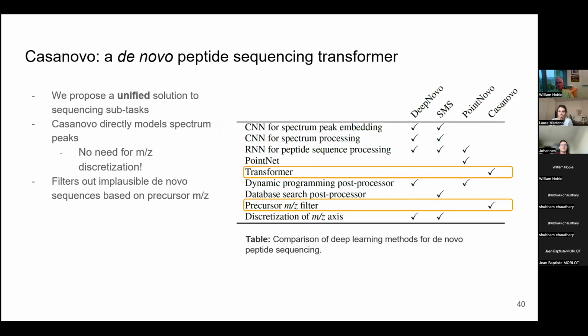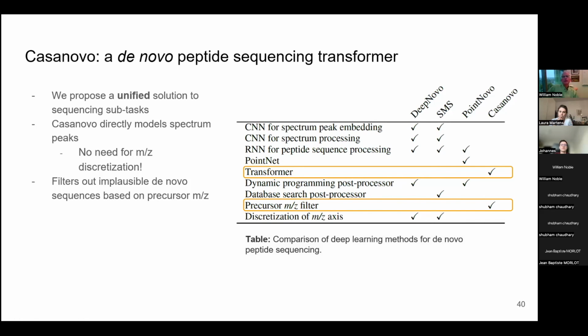So the idea is we have these existing methods, DeepNovo, SMS, and PointNovo. They have all these properties that they're using, for instance, convolutional neural networks or recurrent neural networks, and this existing PointNet approach for handling the m/z discretization. And Casanovo's difference is twofold. One, the idea of using a transformer, which is itself new.